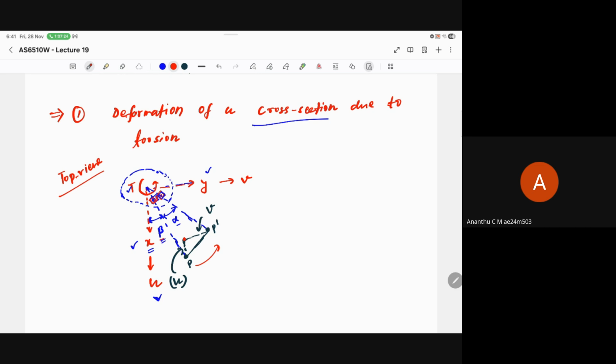So if this is angle beta, with respect to this line you will have beta angle here, and similarly this will be your beta angle.